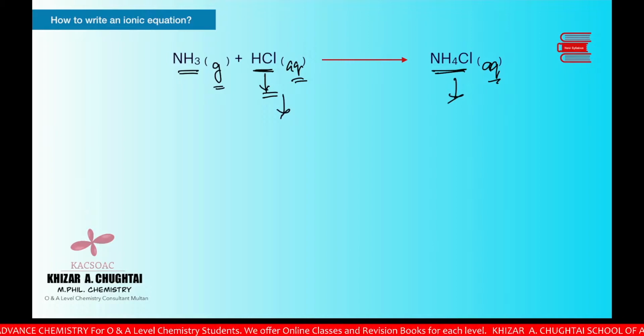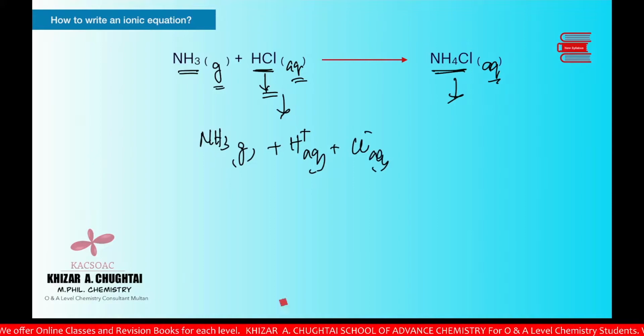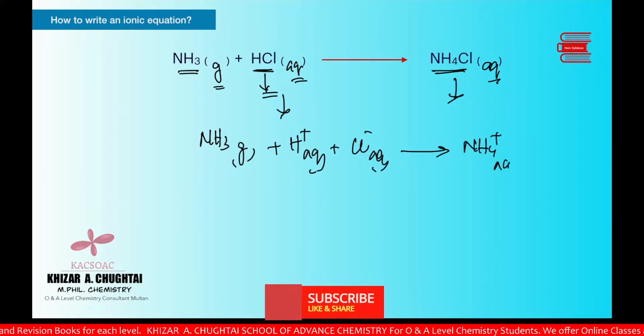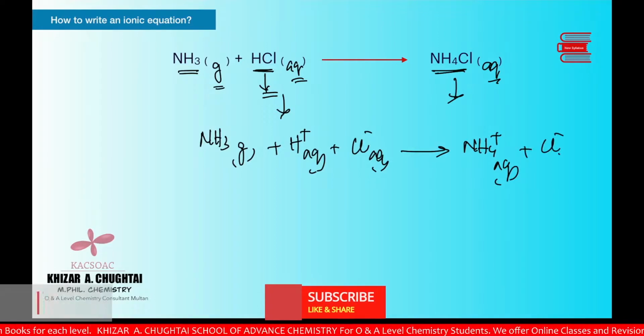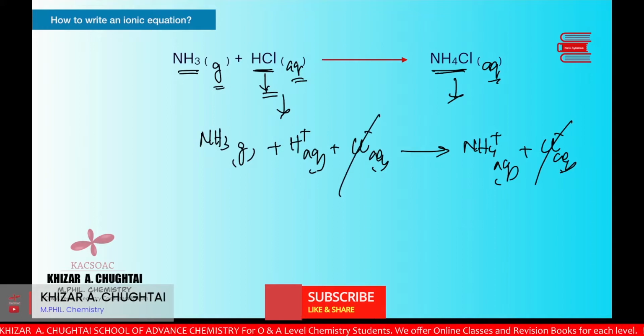HCl will make ions, NH4Cl will make ions, and we write NH3 in gaseous state plus H positive ion aqueous plus Cl negative ion aqueous goes to NH4 positive ion aqueous plus Cl negative ion aqueous. Once again, the common ions are Cl negative ions and they will be cancelled out.